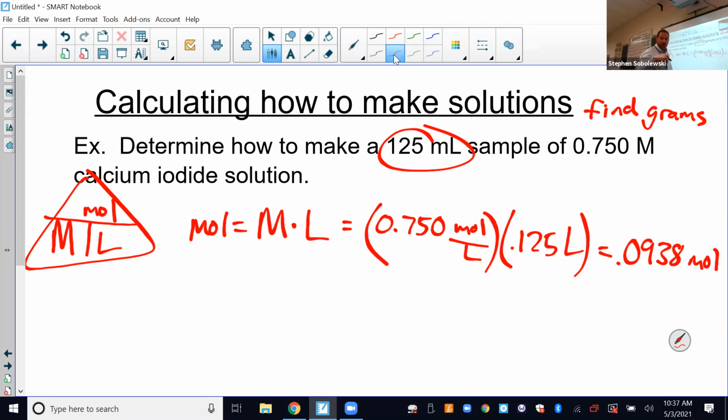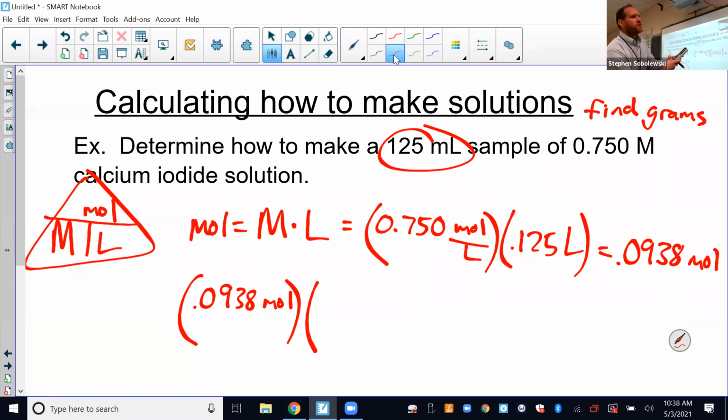We now need to turn this into grams to finish out the problem. So 0.0938 moles. Now calcium iodide, now is when we got to know the formula. It's going to be CaI2. So 40.08, that's my calcium, plus 2 iodides, 126.90 times 2, okay, so 293.88 is the molar mass.